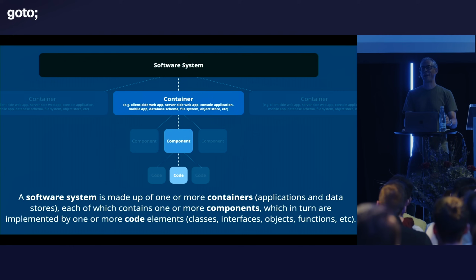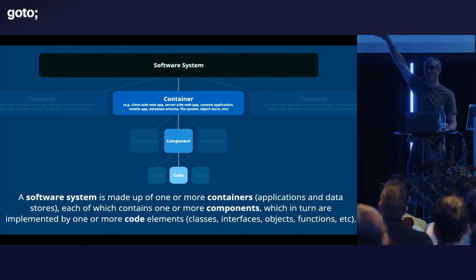The answer is grounding. I presented you very briefly the set of abstractions behind C4. We have a way to get from very high-level software system abstractions through a bunch of layers down to the code at the bottom.